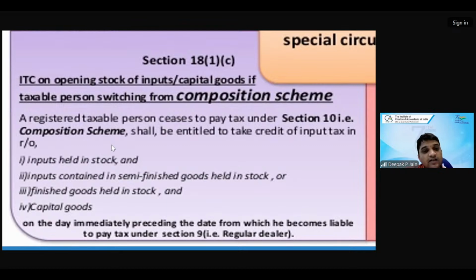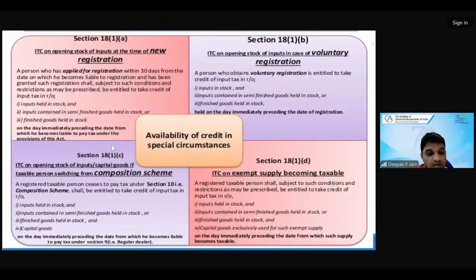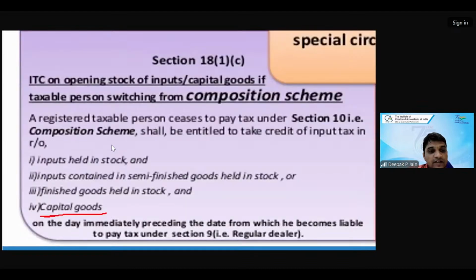Again, here he will get the credit of inputs held in stock, inputs contained in semi-finished goods, and finished goods held in stock. Apart from that, the additional thing he'll get is capital goods. He will get the credit of the capital goods as well, because this is a scheme specifically.